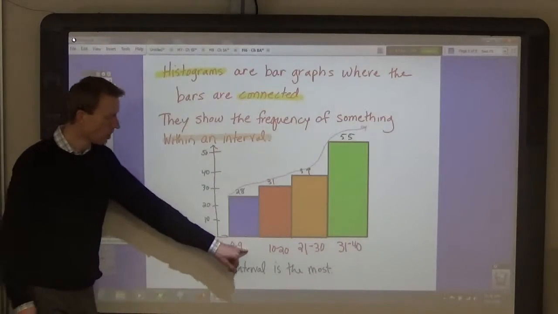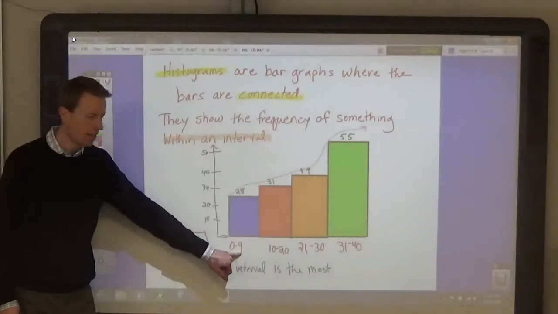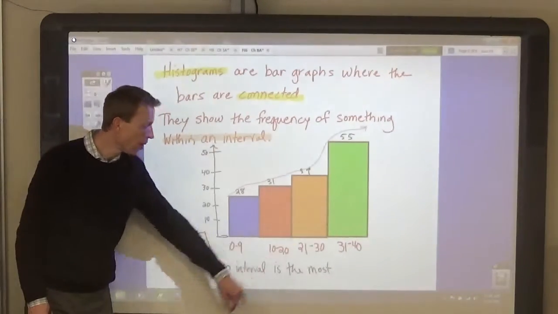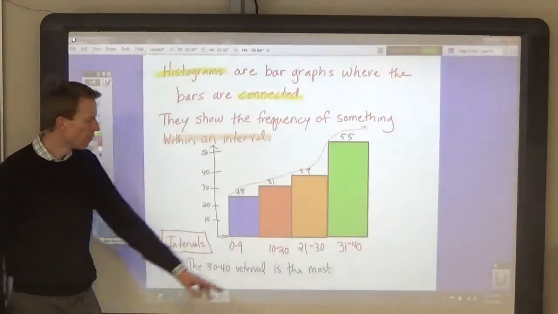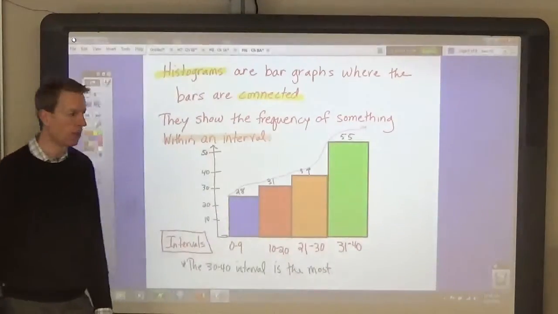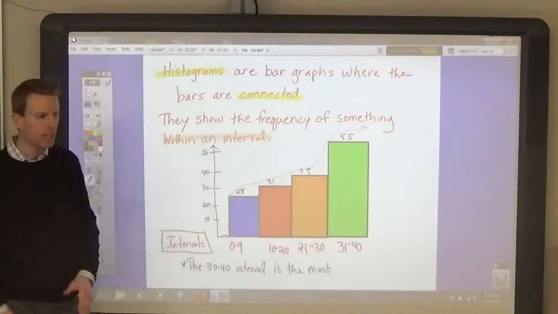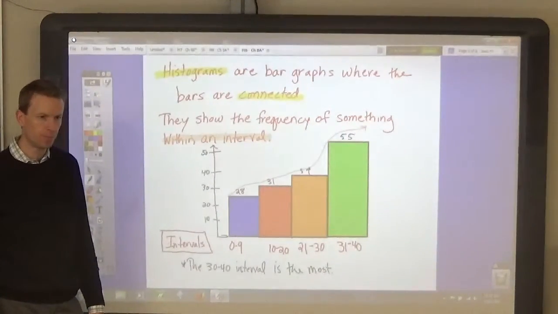So from 0 to 9 is an interval or a group. From 10 to 20 is a group. From 21 to 30 is a group. From 31 to 40 is a group. These might be ages, for example.